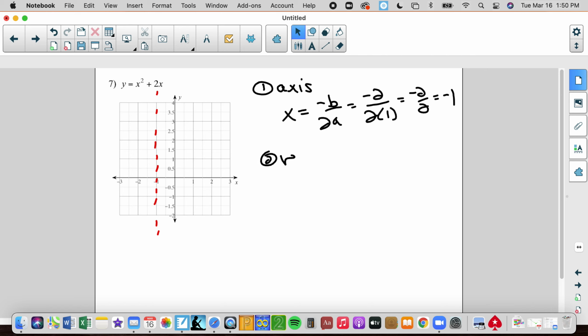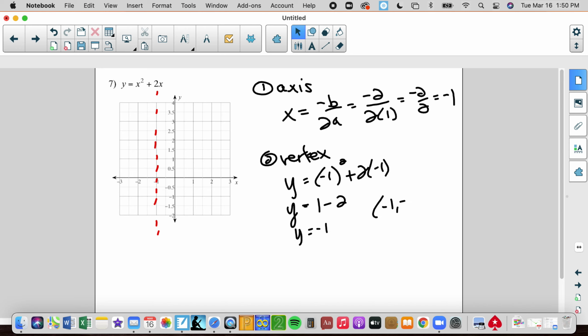Now find my vertex. I'm going to plug that in. That's going to be the quantity negative 1, because now I have parentheses, since my x includes the negative. Plus 2 times negative 1. That is 1 minus 2. That gives me negative 1. Negative 1 is my vertex.